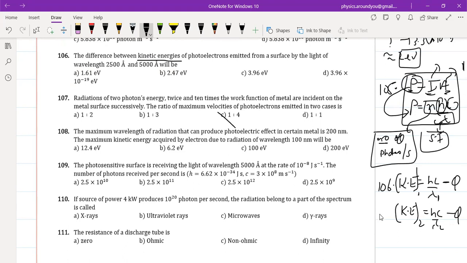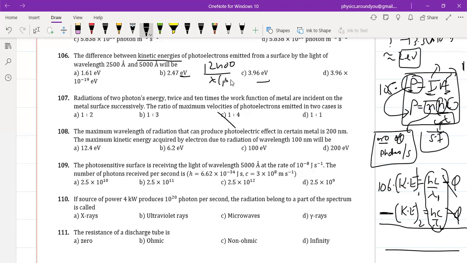So I need to simply subtract one from the other, then phi's will cancel, and express hc by lambda 1 and hc by lambda 2 as much as possible in eVs. So here I don't use the hc form. Instead, I will use 12,400 by lambda in angstroms. You do this, you'll get the difference in kinetic energies, delta kinetic energy, in terms of all these numbers. So that is the approach for question 106.